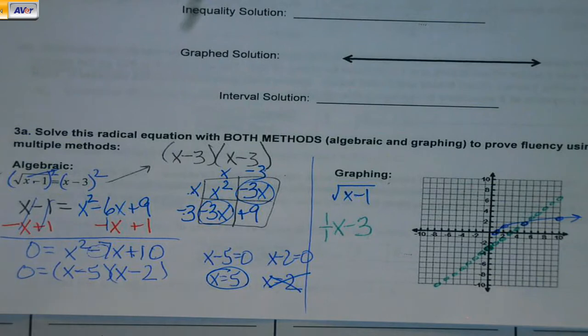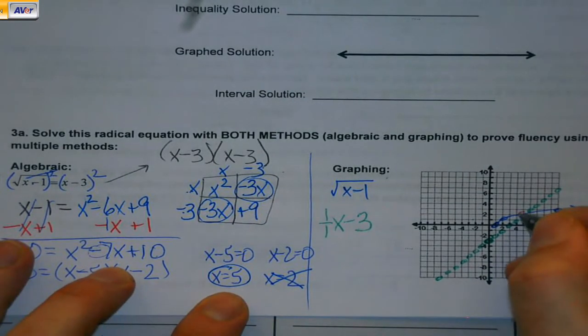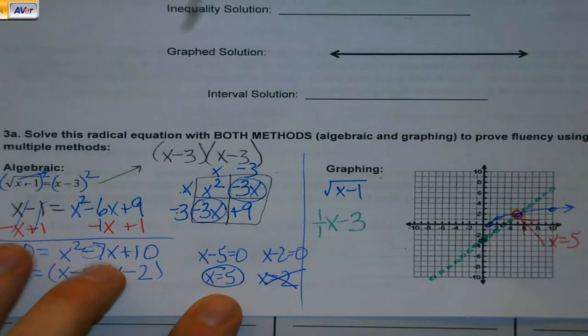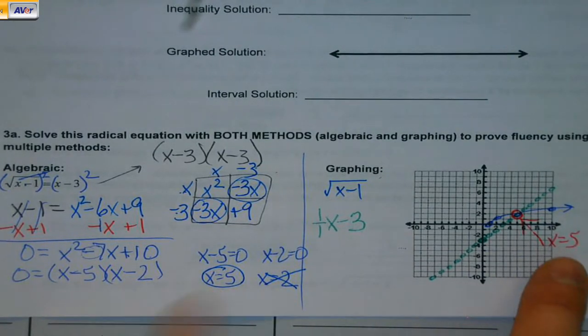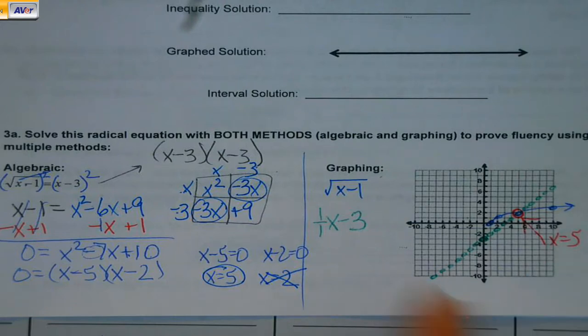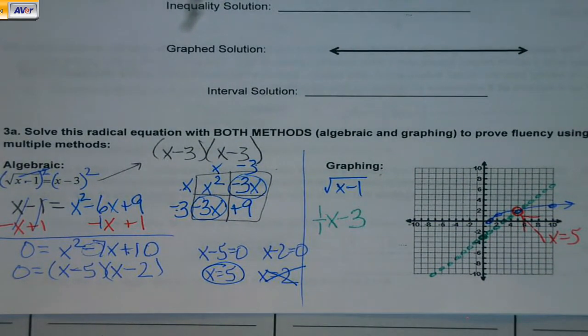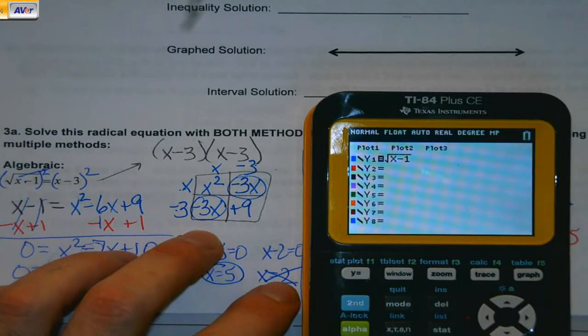And what I'd be looking for, of course, when we're trying to solve it graphing, is where's the point they have in common. And there it is right there. What is that? That's when the x value equals 5. So algebraically and graphically doing the same thing. And even if you were more comfortable, you even could graph, and I'll show you that as well. We could graph the x minus 3 on here too.